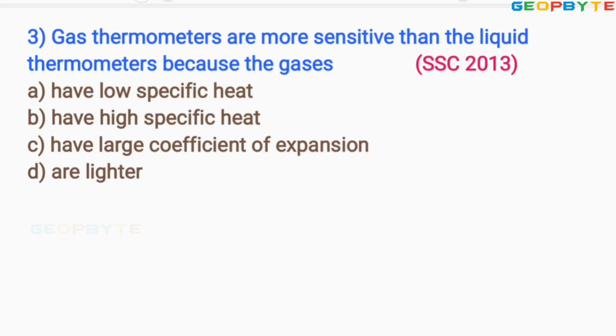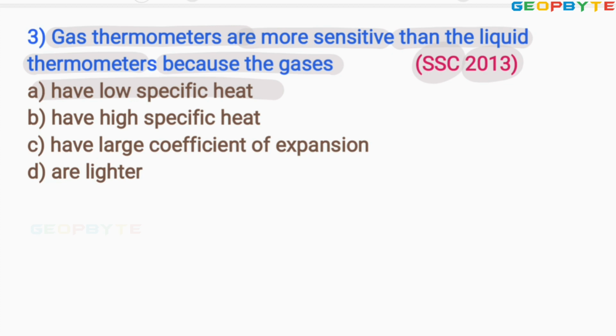Look at the third problem, asked in 2013 for SSC exam, given like this. Gas thermometers are more sensitive than the liquid thermometers because the gases have low specific heat.